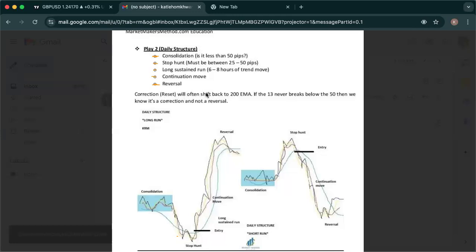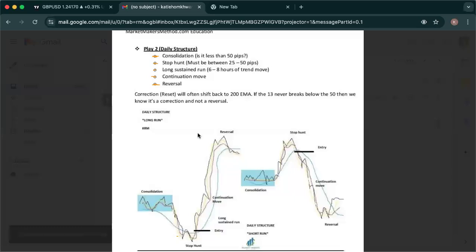The 200 EMA is not visible here because it's white, and the page as well is white, so it's not visible.